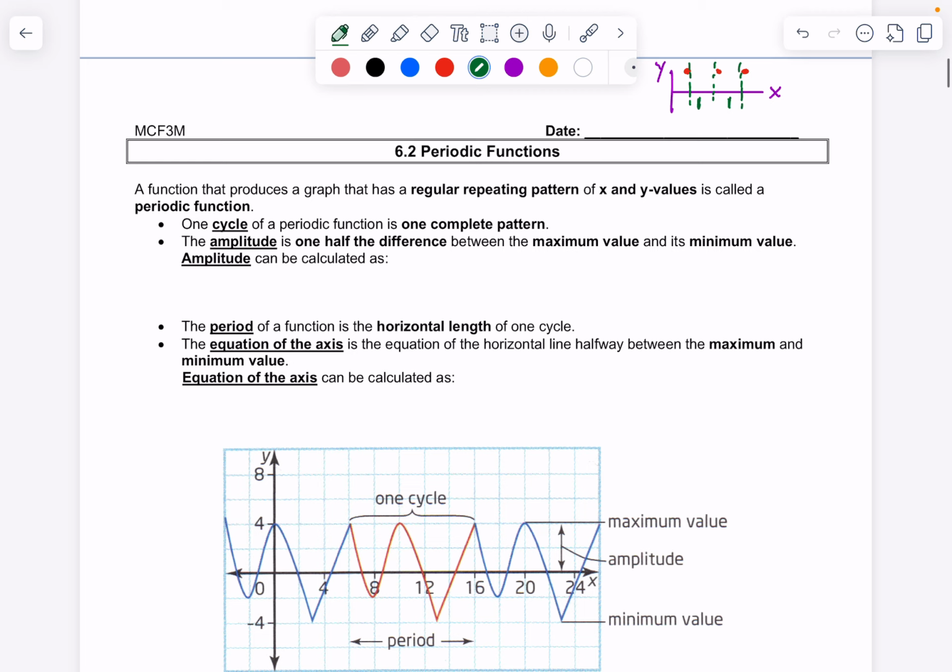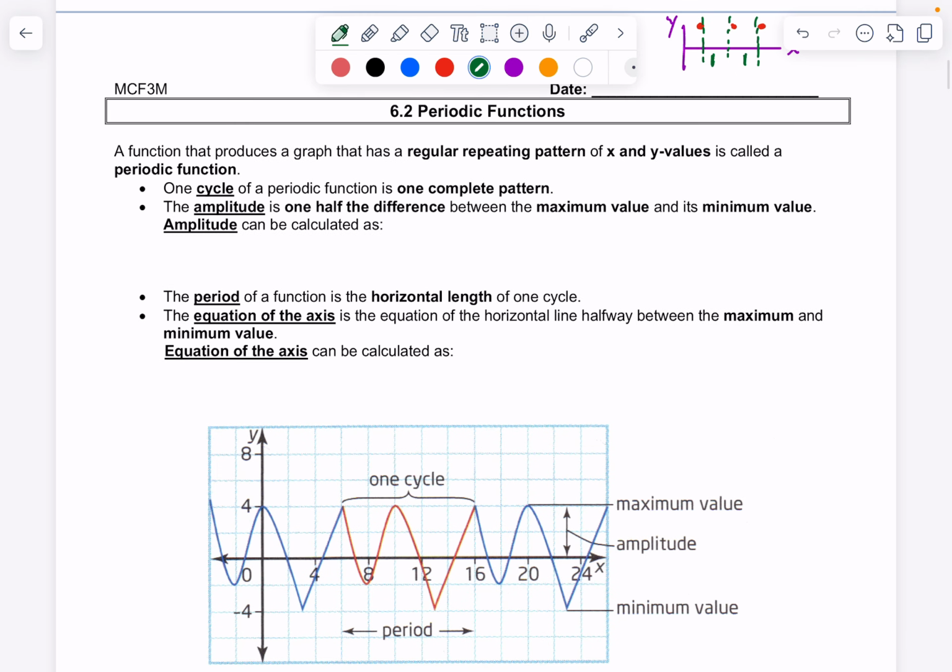So we have two more definitions here. One cycle of a periodic function is one complete pattern. Another periodic function that we all humans have to deal with is that we have to breathe, right?